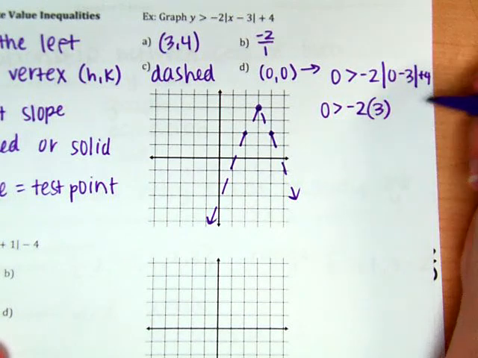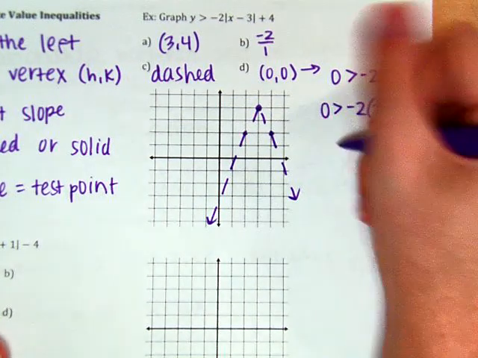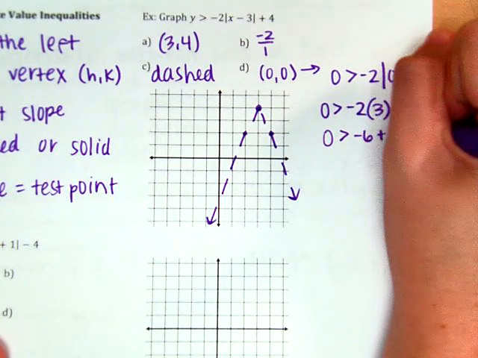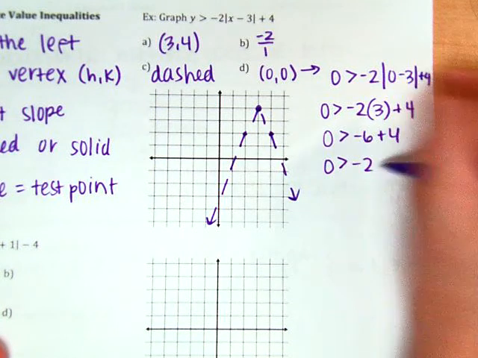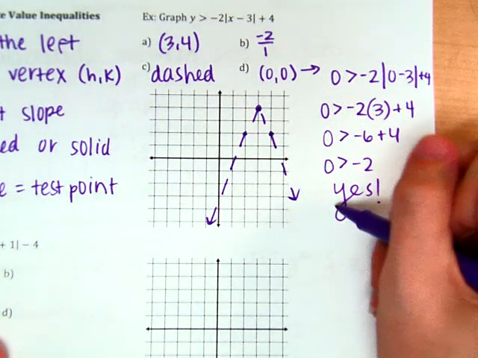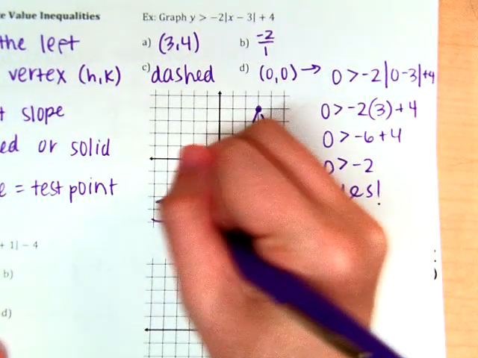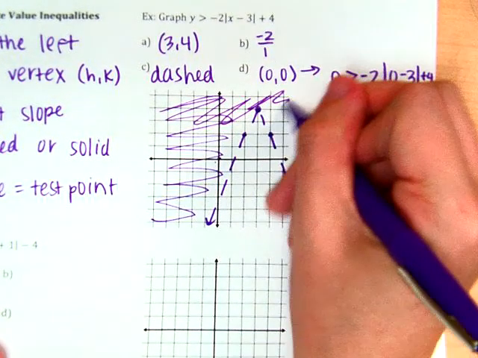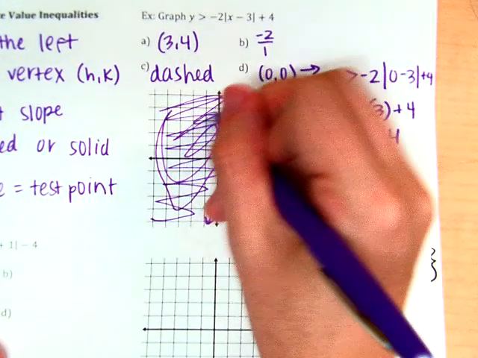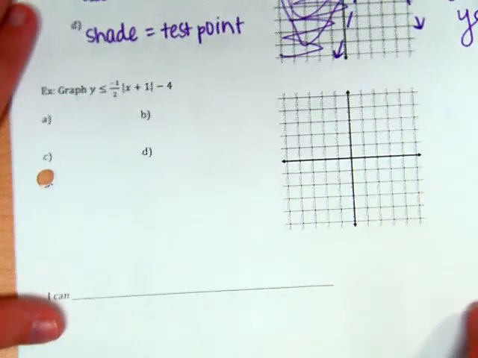Absolute value of that turns +3. 0 greater than -6 plus 4. 0 greater than -2. Is 0 greater than -2? Yes, it is. So that means 0, 0 is in the place that I'm going to shade. So it's on the outside of this thing. Nice shading. That's terrible.